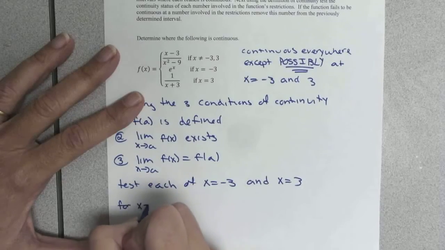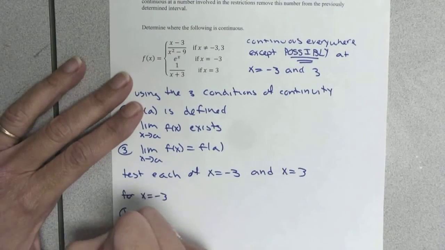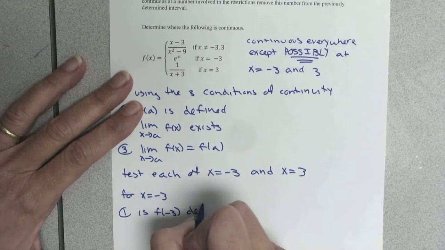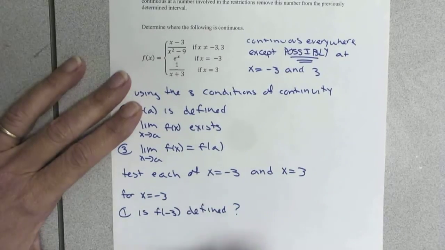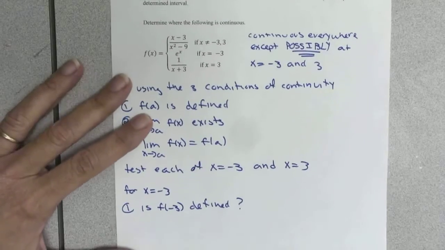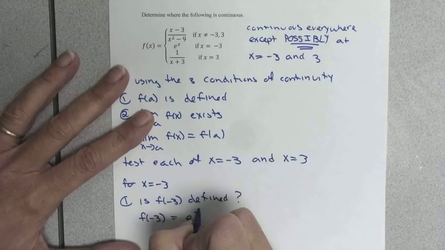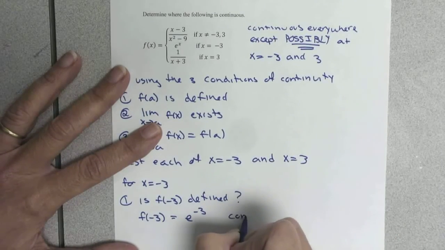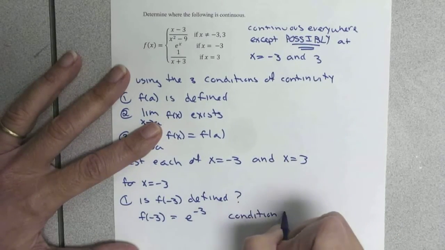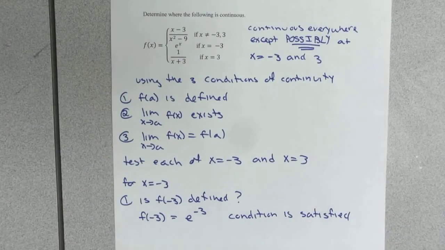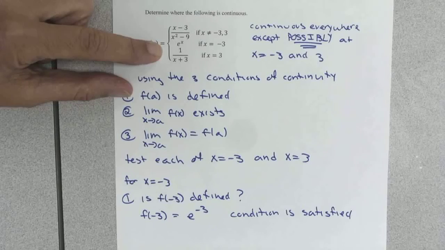for x equal -3, 1, is f of negative 3 defined? So you just go up there and look at it. f of negative 3 equals e to the negative 3. And so condition 1 is satisfied. So I'm going to go on to number 2. But right there, that's that middle branch.